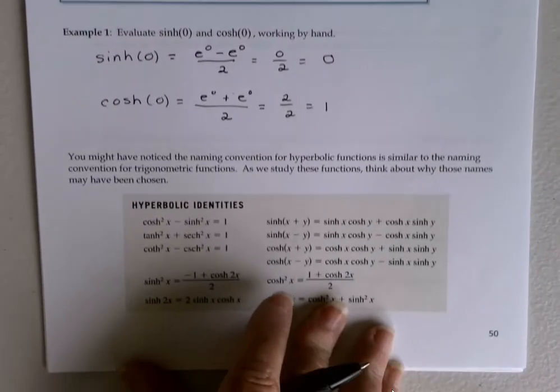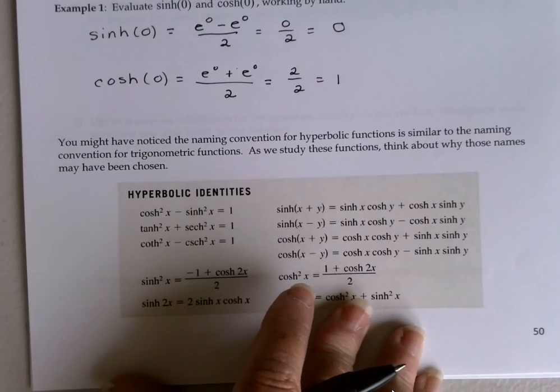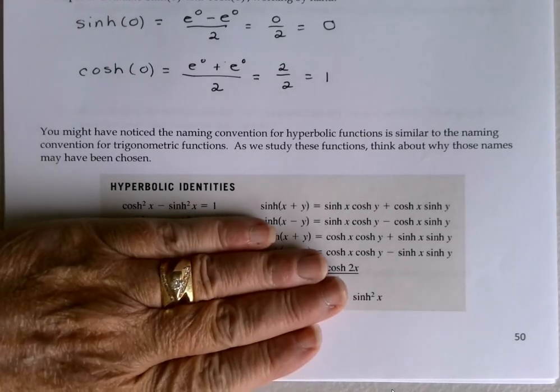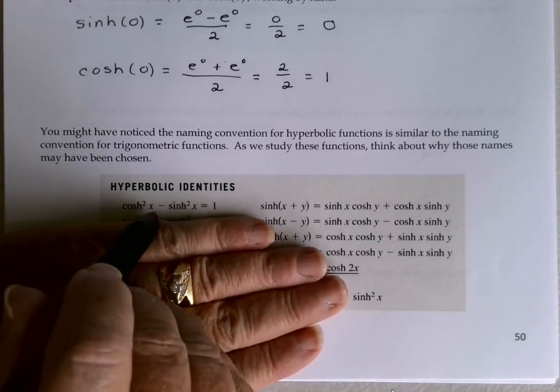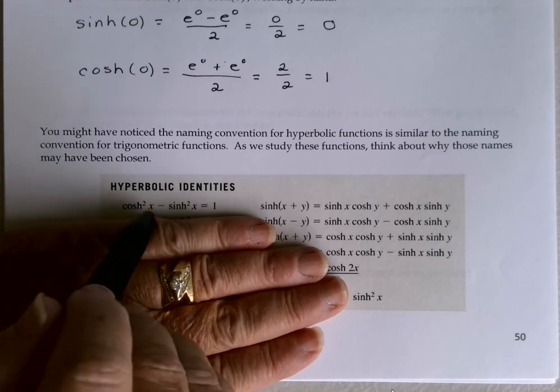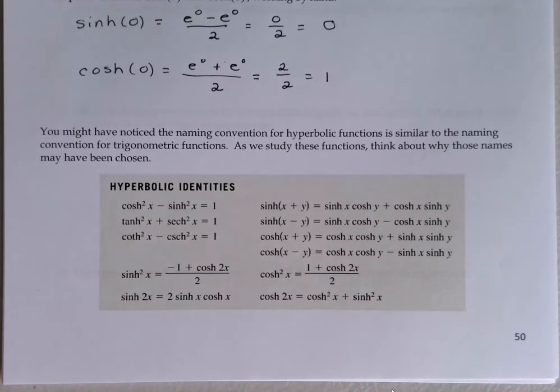So this also seems to hold true for the hyperbolics. All right, just like we have trig identities, we also have hyperbolic identities. Be a little bit careful with these. These are similar but not identical to the trig identities. For example, look at this very first one, right? For the trig functions, it's cosine squared plus sine squared, that's 1. For the hyperbolics, it's cosh squared minus sinh squared, that's 1.